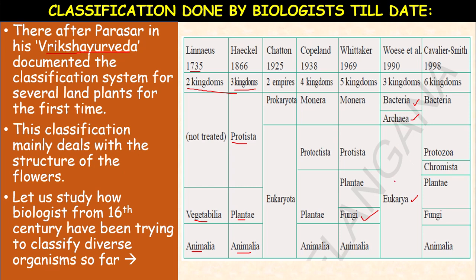And after him, finally in 1998, Cavalier-Smith introduced a six kingdoms classification. According to him, the six kingdoms are bacteria, protozoa, chromista, plantae, fungi and animalia.